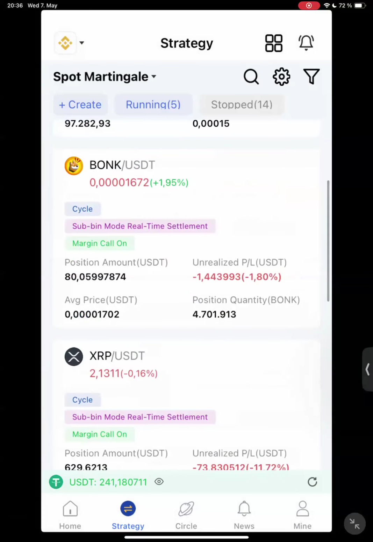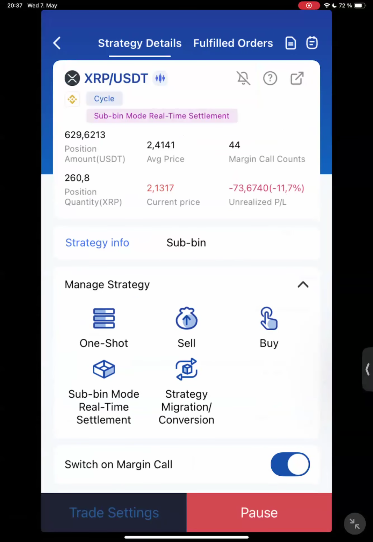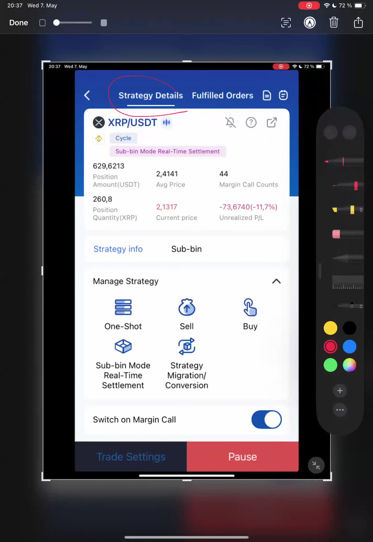All right. So let us look at XRP. So I'm going to open the coins. We have strategy details and we have fulfilled orders. When I was showing you on the home button, if your USDT for the trade gets consumed or is finished due to margin calls, and now you have more USDT, this is where you have to come to this page.